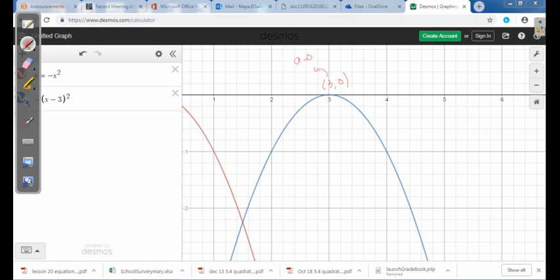And this part is either your max or your min. In this case, it's your max. So the AOS is just one number. That's right. Okay? And the vertex is a point with the x and the y value. Okay? Are we okay with this? Everyone's okay with this? All right.